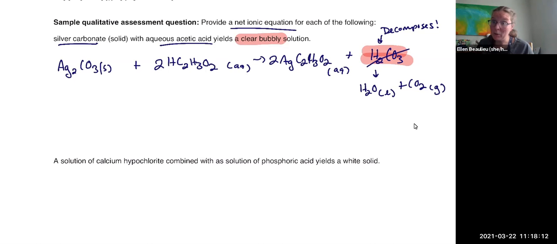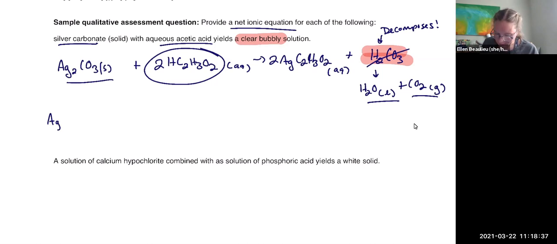Okay, anytime you need to write ionic equations, underline any solid, liquid, or gas. Circle any weak acid. Acetic acid is not on my list of strong acids, so it must be a weak acid. Anything you have underlined or circled does not dissociate, stays intact.